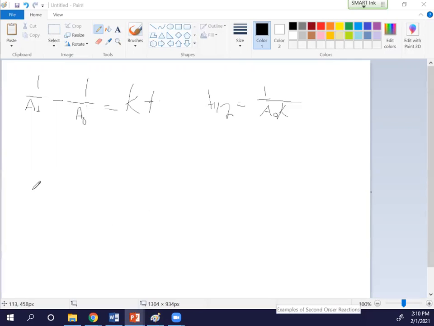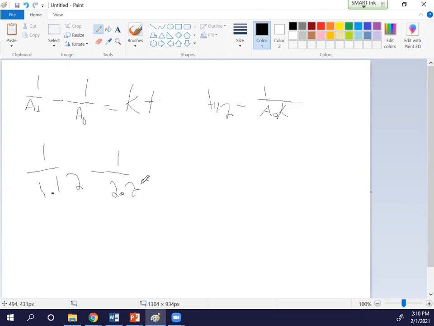So 1 over, what is my [A]t? Once again, [A]t is always the smaller amount. What is my [A]t? 1.12, minus 1 over [A]0, which is 2.25, correct?